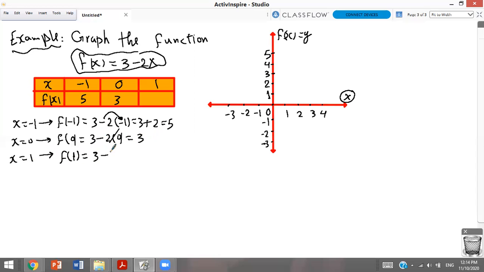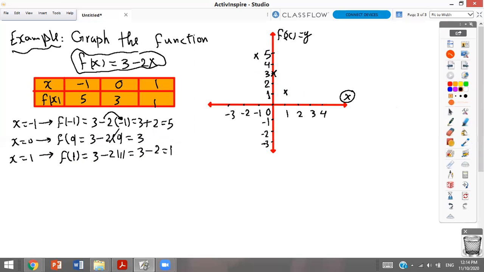Then 3 minus 2 bracket 1, meaning 3 minus what? 2 multiplied by 1 is 2. The result will be 1. Then you have your points: -1 with 5, 0 with 3, 1 with 1. And take your ruler to draw the line.